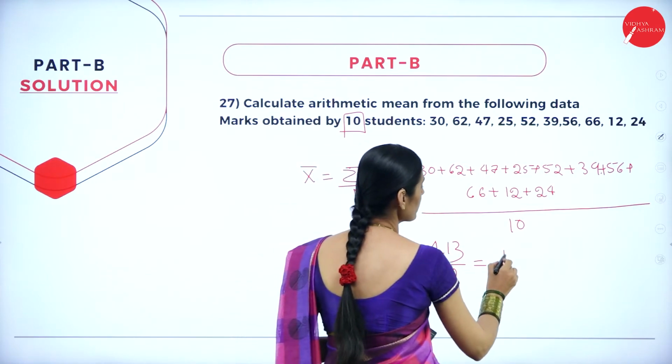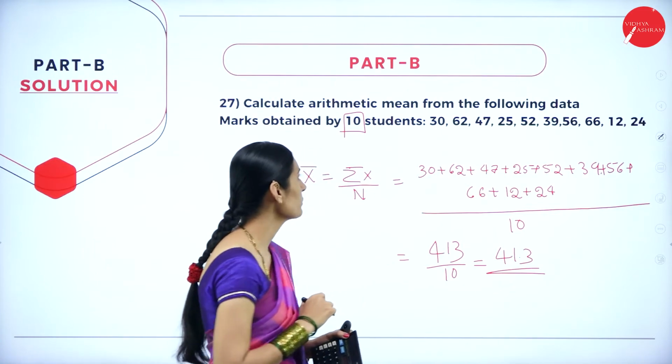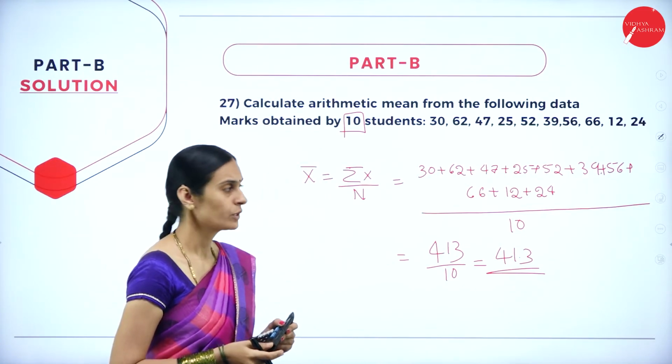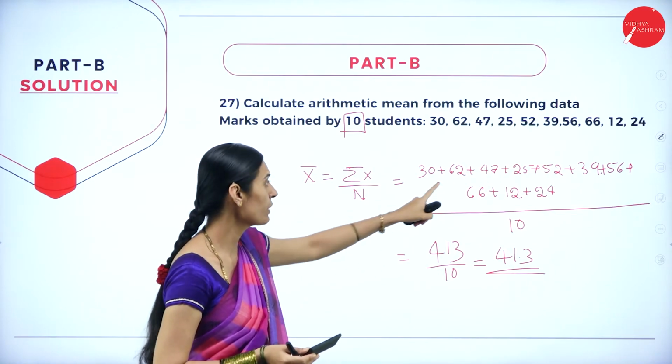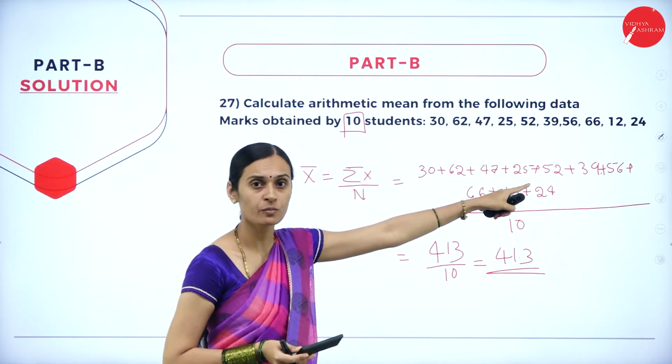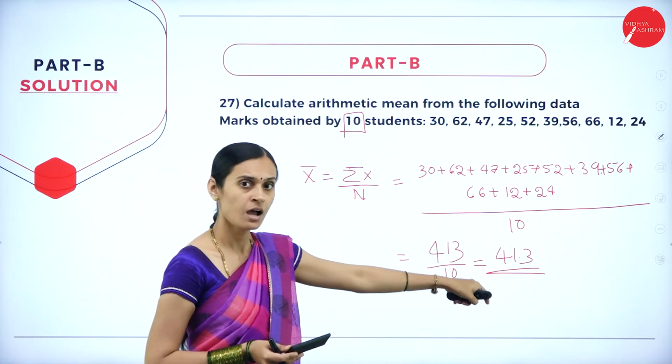Answer: 41.3 is the arithmetic mean of this series. Okay. First, you have to write the formula. Then afterwards, you have to add all the observations. Then divide by the total number of observations. Then you can get the answer.